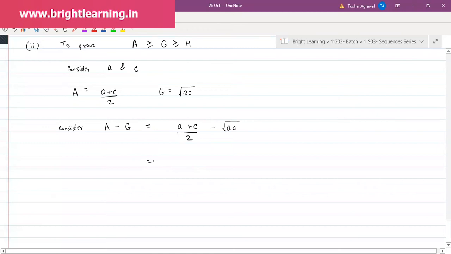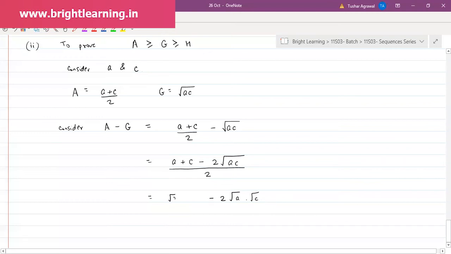So this will be equal to (A plus C minus 2 times root of AC) divided by 2. Now this is actually a subtraction, 2 times root A root C. And A plus C is root A whole square plus root C whole square.